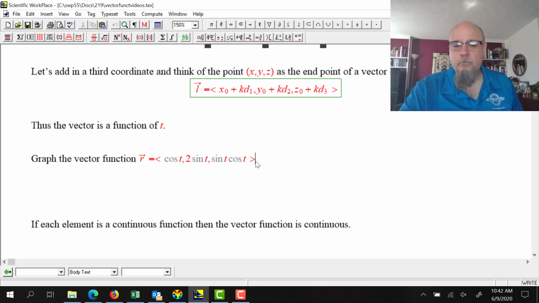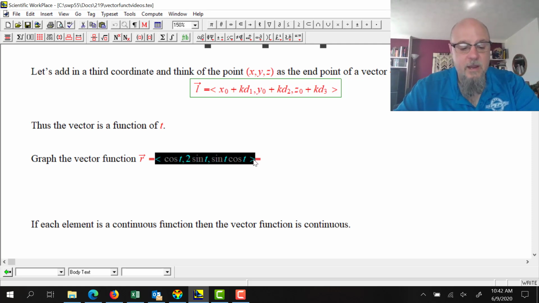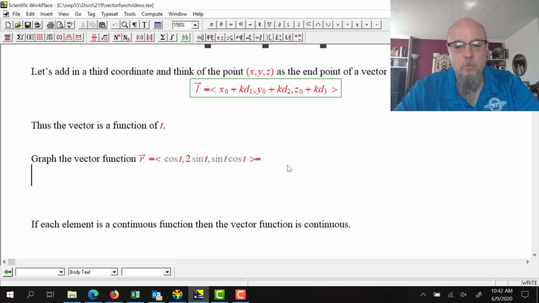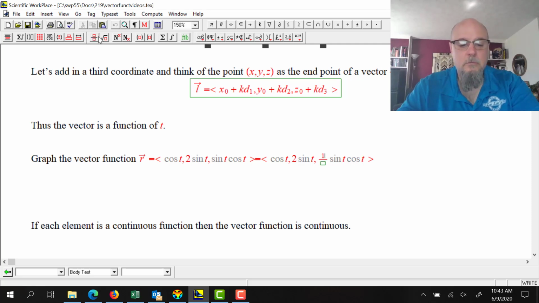What we could do is, let's rewrite this using some trig identities. That might help us sort of imagine what's going on here. 2 sine t cos t is equal to sine 2t, so I can replace this with 1/2 sine 2t.